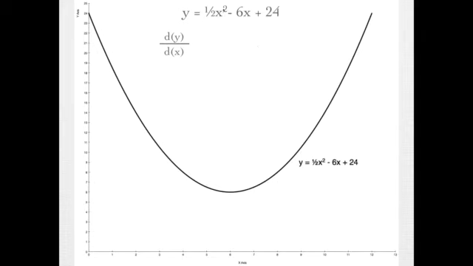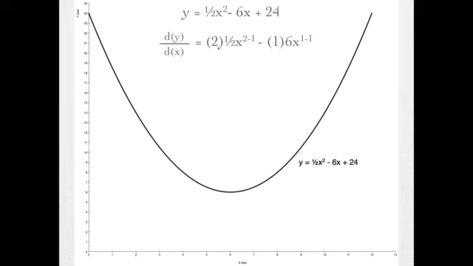Again, we go through that same process. When we take the first derivative, we take the exponent and multiply it in front of the function. Then we subtract 1 off of that exponent. We do the same thing for 6x. This is 6x to the first power, so we multiply by 1. And then we have 1 minus 1 as the exponent. So you can see that there.